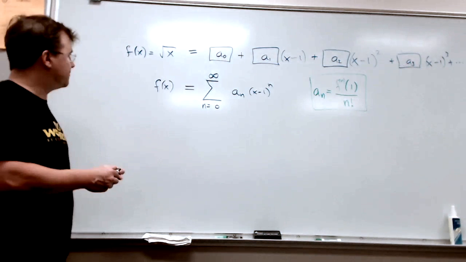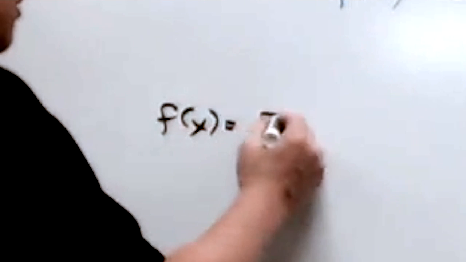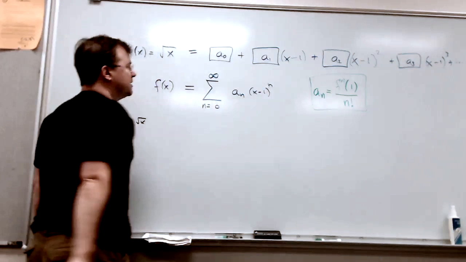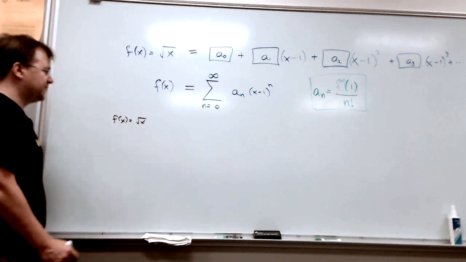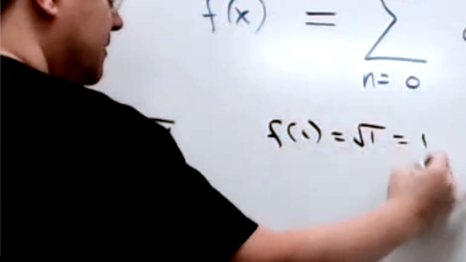So for instance, in this case, f of x is the square root of x. The thing I originally had in mind was finding a Taylor series centered at 1. So I plug in 1, I get 1.